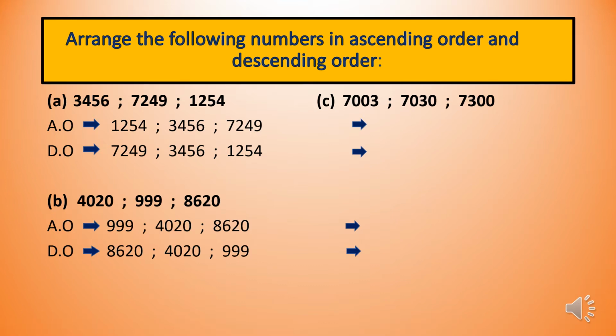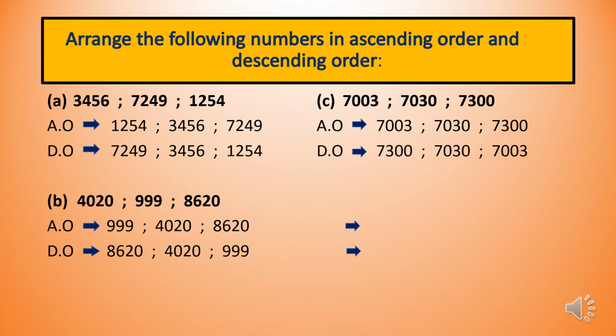So the ascending order goes as 7003, 7030, 7300. The descending order will be greater to smaller. That is 7300, 7030, 7003.